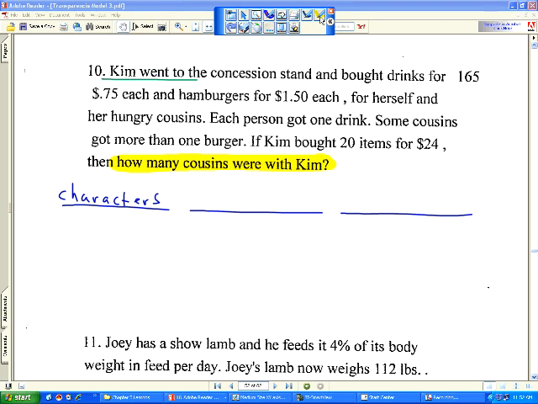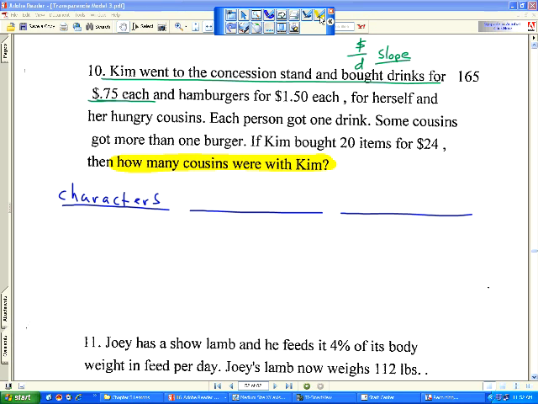Okay? All right. So we go in search of word sentences. Kim went to the concession stand and bought drinks for 75 cents each. What's that? That is the dollars per drink. That's drinks slope. It's value per drink. It's not a word sentence. It's slope for drinks.